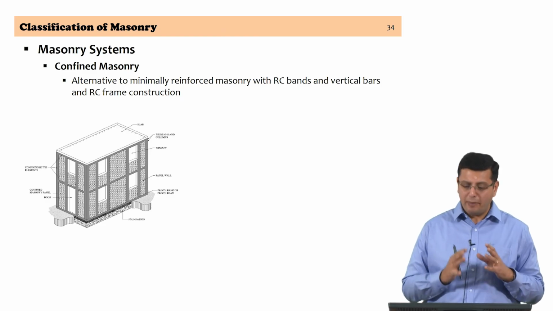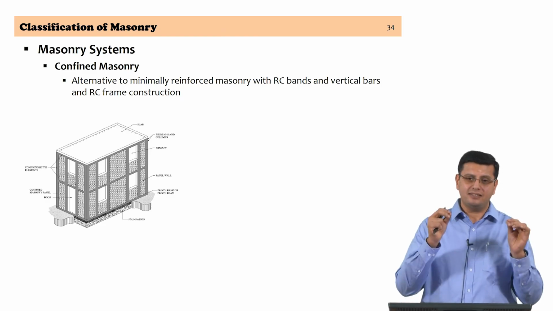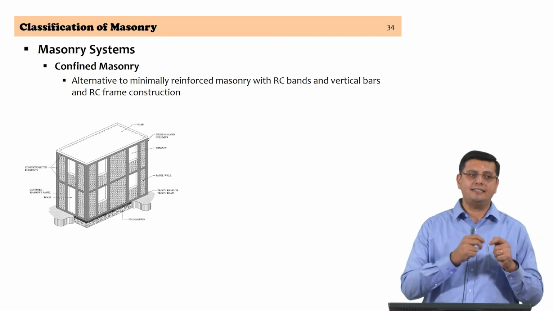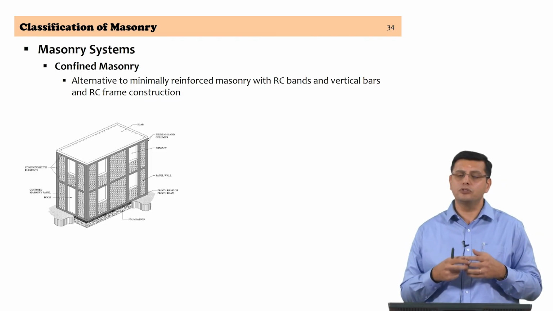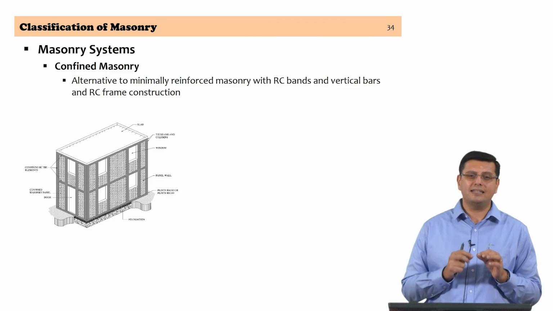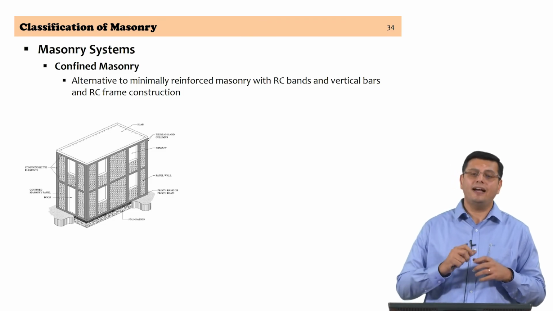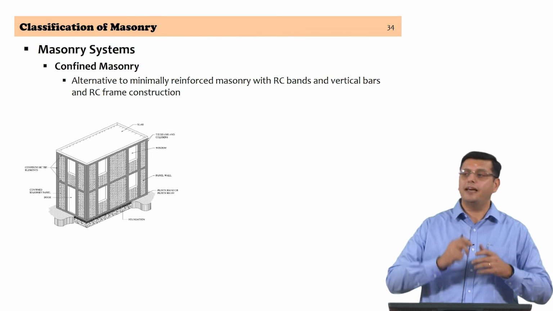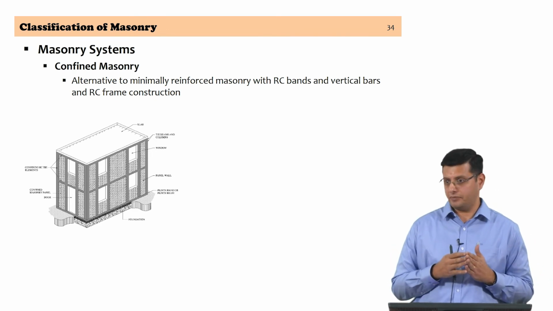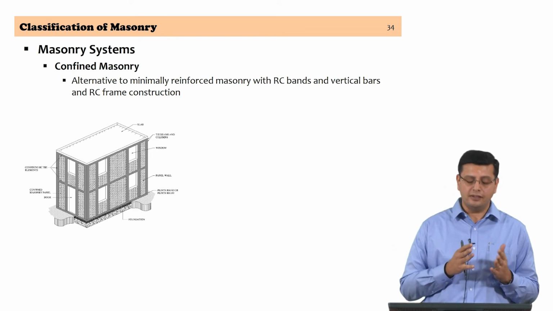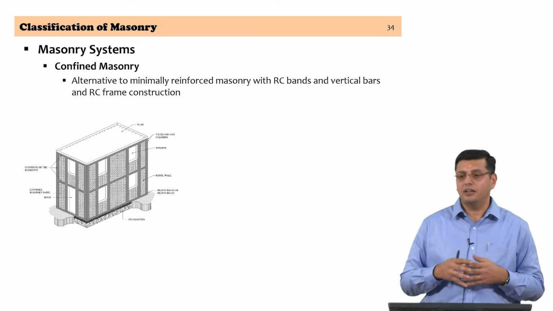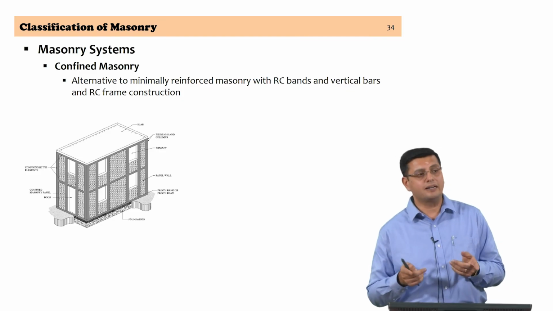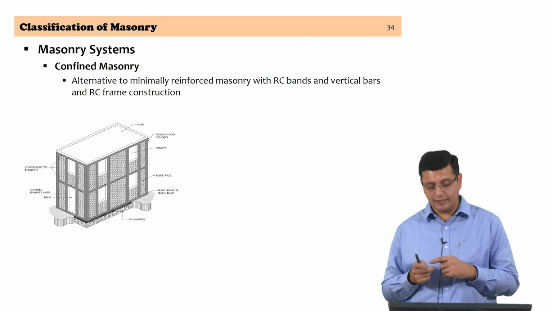These are meant to behave as tension resisting elements, as ties in the vertical direction and the horizontal direction. So, the reinforced concrete elements are acting as ties and they are not acting as flexure resisting elements as in a moment resisting frame. So, that is the fundamental difference between a reinforced concrete moment resisting frame and a confined masonry construction with RC horizontal and vertical ties.